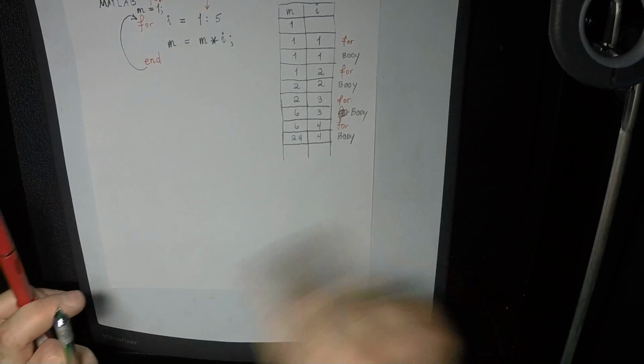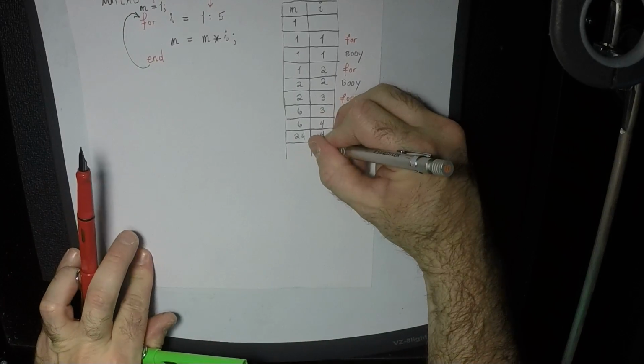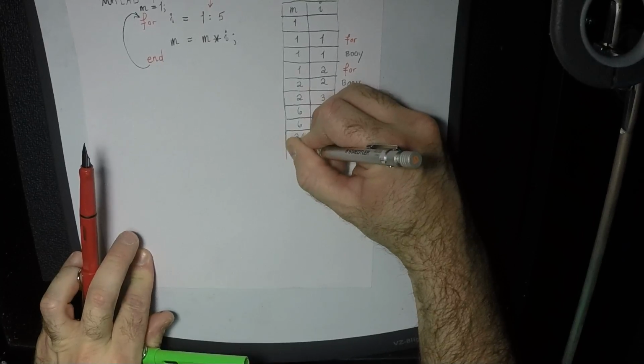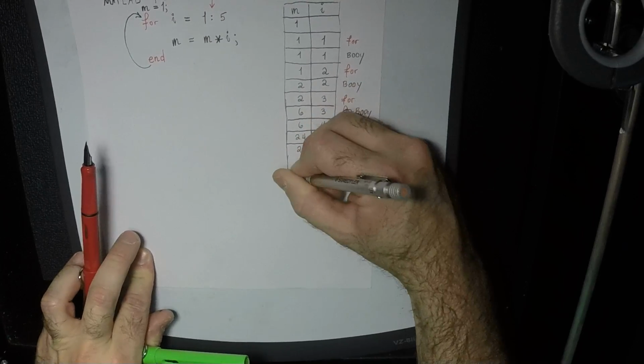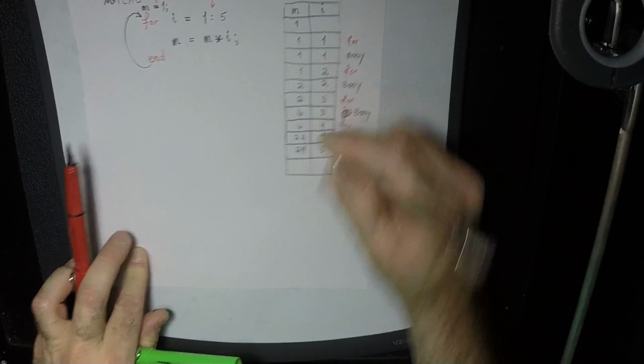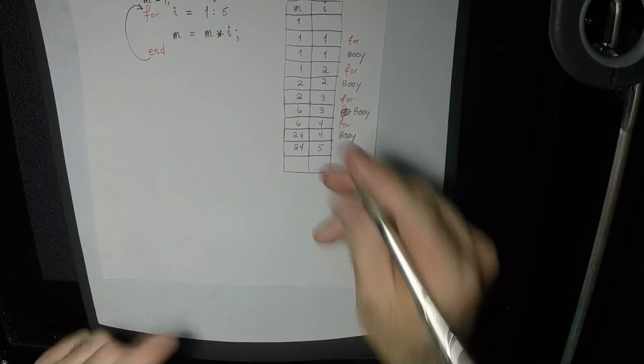Fine. So then we go back to the top of the loop, and MATLAB asks itself, was there a next value of I? And the answer is yeah. The next value of I is 5. You get into the body, compute the product of the current values of m and I, which is 120.